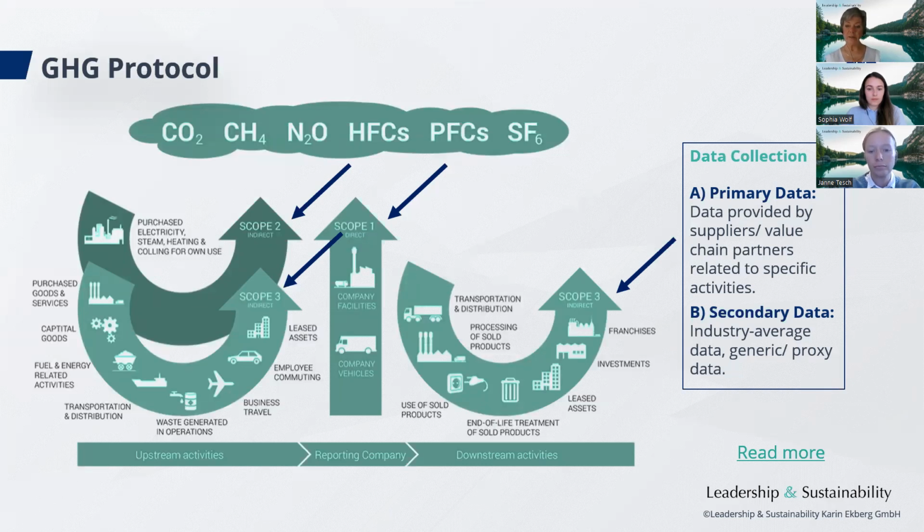On the other hand, secondary data is industry average data or generic proxy data that may be used if the primary data is not available or if it's not practical to collect primary data. So this can include data from industry associations, from government agencies, from academic research, or from other publications that you can get hold of.